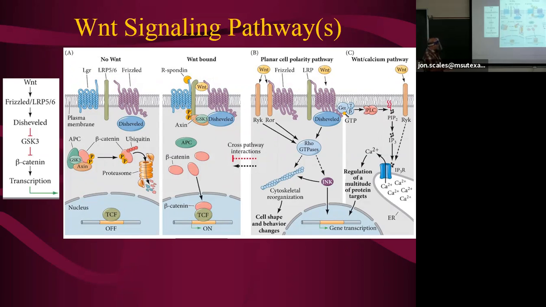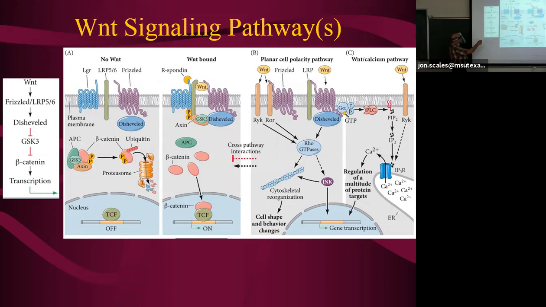Okay? This is called the canonical Wnt pathway. It's the only one I want you to remember. The others are just fun, but who gives a crap? The canonical Wnt beta-catenin pathway. Again, you have inhibition of an intermediate. Disheveled could inhibit GSK3, which is inhibiting beta-catenin.